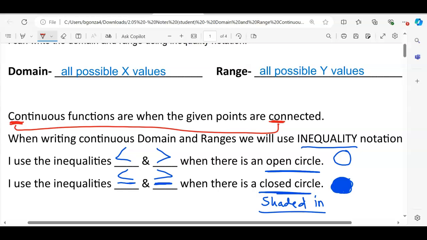And I want you to write the words shaded in. If it's shaded in, that's an underlined inequality. That's inclusive, that is equal to. If it's an open circle, that is not underlined, non-inclusive of the endpoint. Write those down, and then we're going to try an example after we write down the next piece.